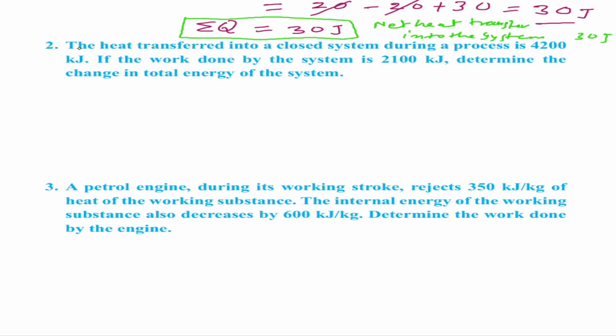Question number two. The heat transferred into a closed system during a process is 4200 kilojoule. If the work done by the system is 2100 kilojoule, determine the change in total energy of the system.